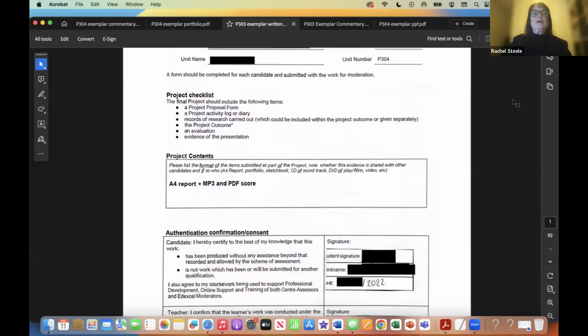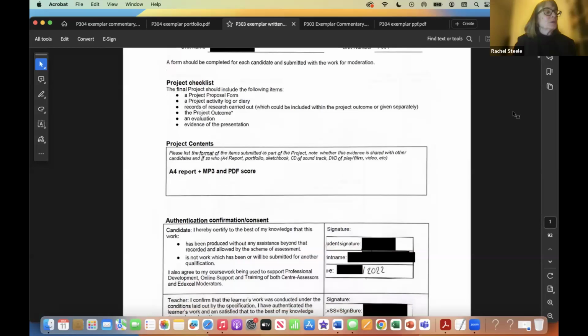Okay, so we've got 303. This is a musical piece, a composition piece. We won't play the music over my words, so you can hear my dulcet tones, but it is worth a listen. And this project is Lockdown Suite, responding to the initial research question: can music be used to evoke shared collective and individual experiences related to lockdown?